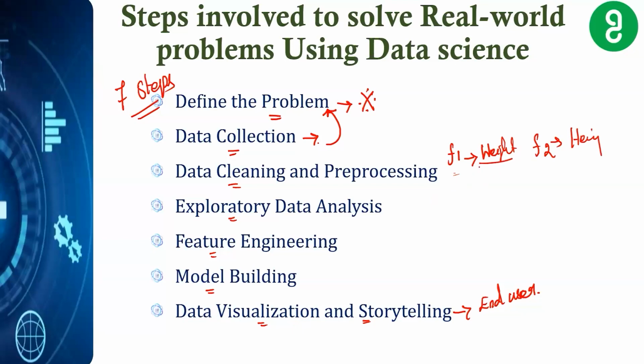I can represent the weight using kg, for example 20 kg, and height would be 70 centimeter. So here the unit scale varies, no? In the first feature you are using kilogram, but in the second feature you are using centimeter.